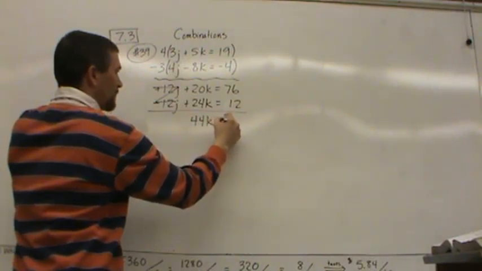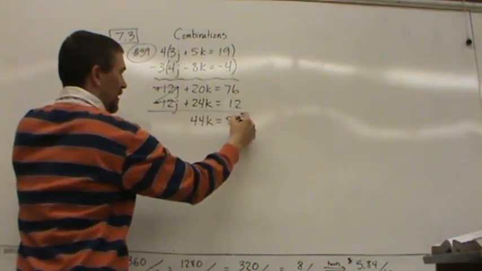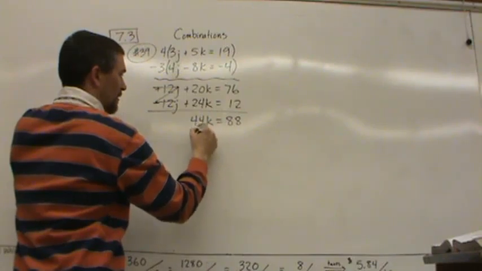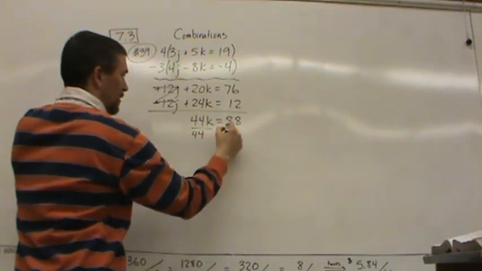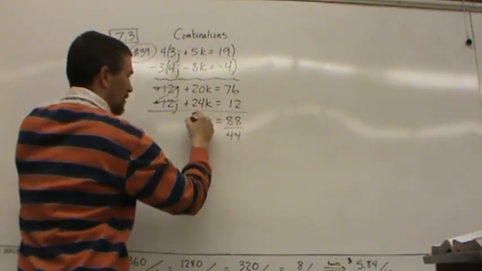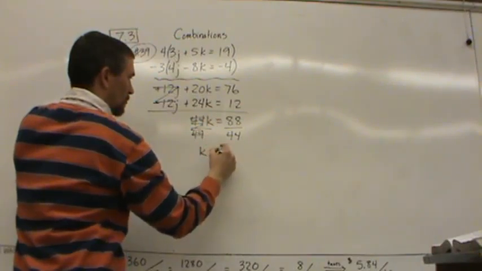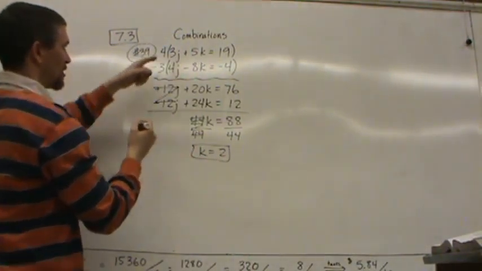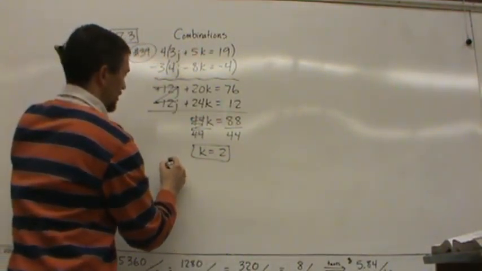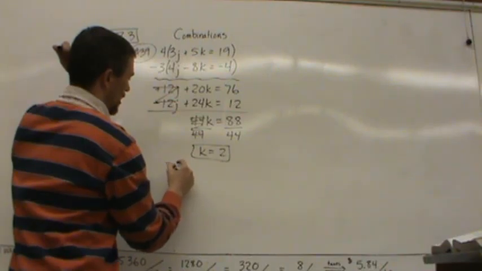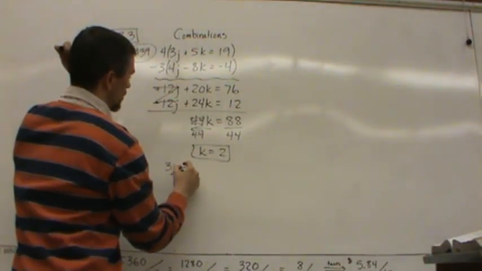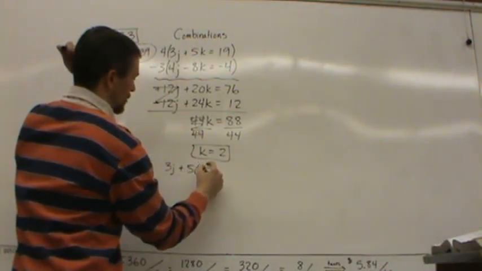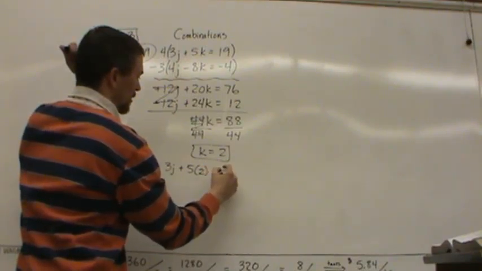44k, and what's this? 88. Divide by 44. Divide by 44. k equals 2. And then to find out what j is, we just grab one of our original equations. 3j plus 5k, which now we know k is 2.